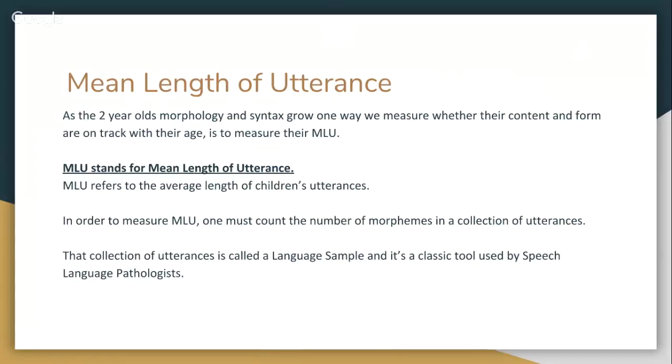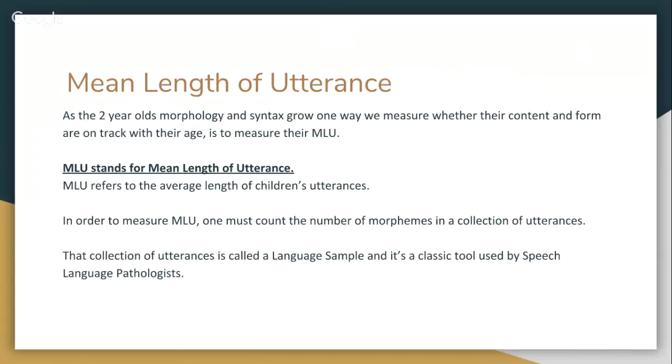The s is what we call a bound morpheme, and book is an unbound morpheme, meaning book, being unbound, can stand by itself. The s is bound because it must be attached to an existing morpheme in order for it to have meaning. When we collect a sample of a child's language, we write down all the words that they say.